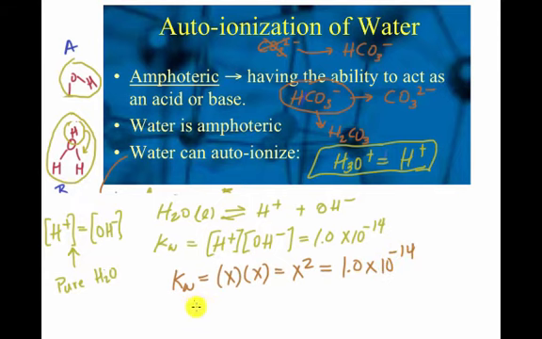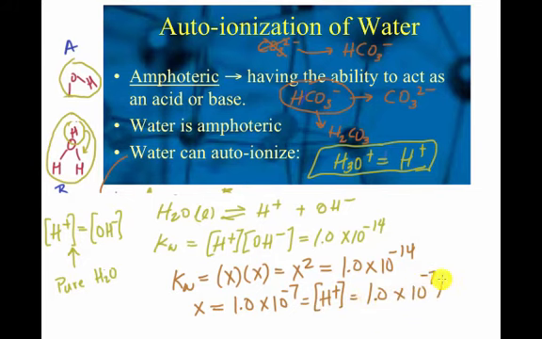So therefore, I can say that X is equal to 1.0 times 10 to the minus 7, and that would be equal to the hydrogen concentration. Since it's a concentration, I'm going to rewrite that with a molarity: 1.0 times 10 to the minus 7 molar. So in pure water, the hydrogen is equal to the hydroxide. That's our definition of neutral, right?